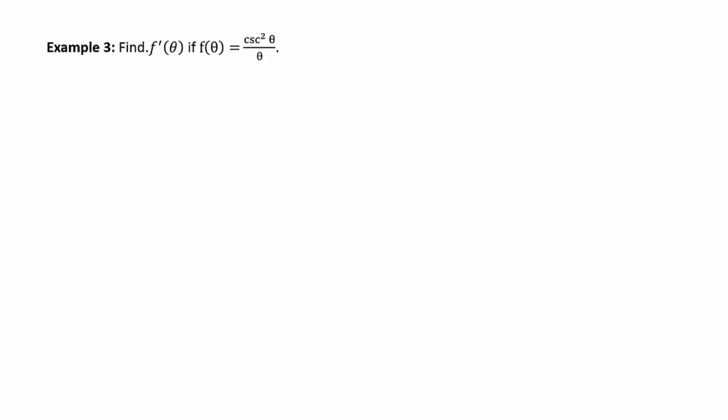Example, find f prime of theta if f of theta is equal to cosecant squared theta divided by theta. Let's go ahead and rewrite that cosecant squared theta as the product of cosecant theta times cosecant theta divided by theta. We have a product rule, so that's how we get around powers.